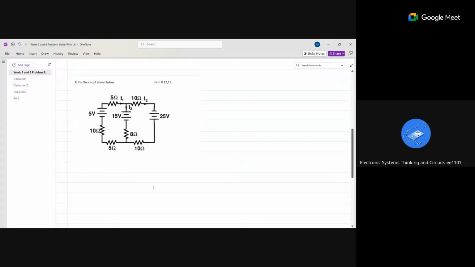Try solving this now. First, we'll solve for I1. Basically, there are three voltage sources: 5 volt, 15 volt, and 25 volt. So we are going to use the superposition principle.